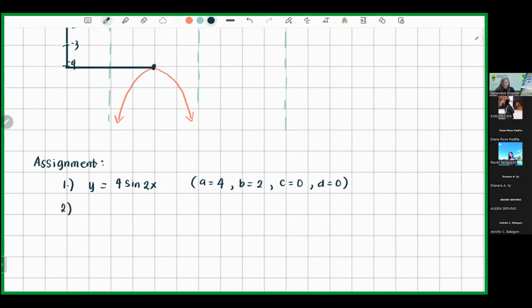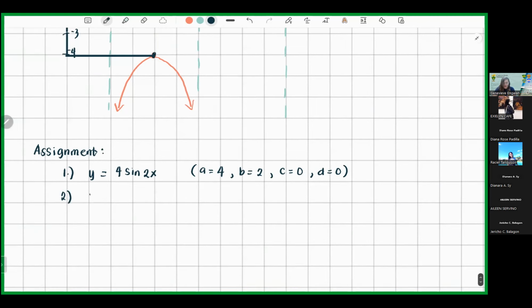So, in number 2, cosine, you have y is equal to 3 cosine x plus 2. So, here what is A? 3.